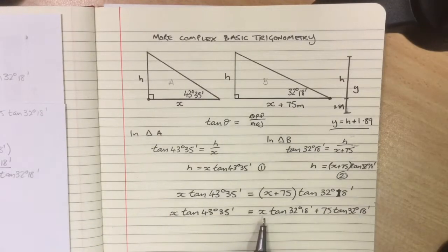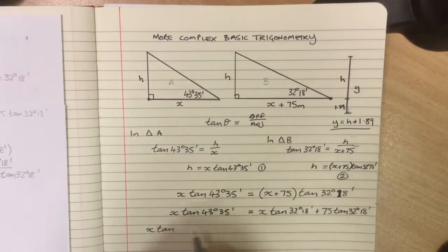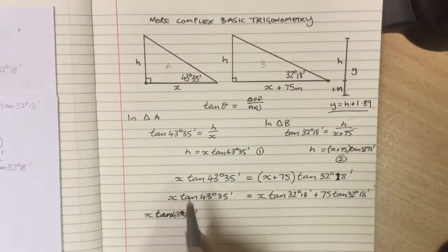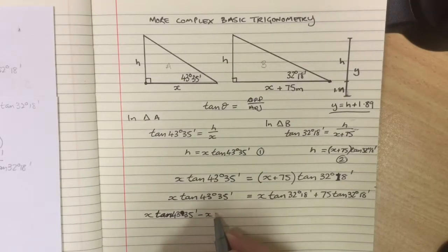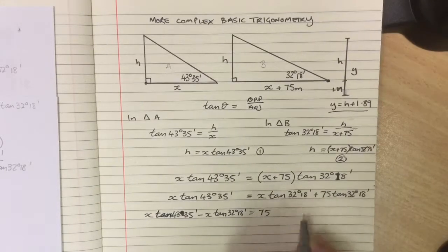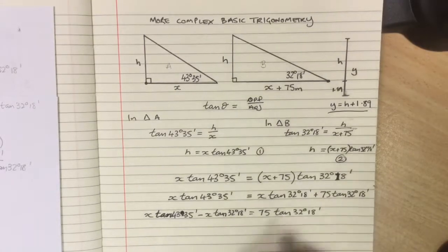So I'm going to take away the x tan 32 degrees 18 minutes from both sides, and I get x tan 43 degrees 35 minutes, take away x tangent 32 degrees 18 minutes, and that's going to equal this constant over here. Just because you're seeing tan doesn't mean there are any variables over here. This is just a constant.